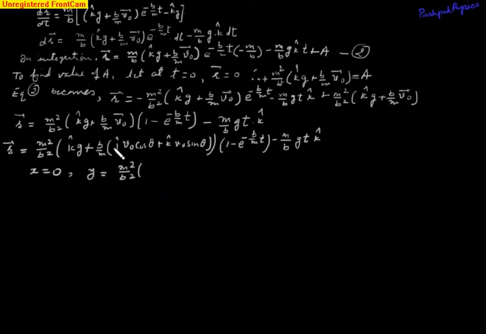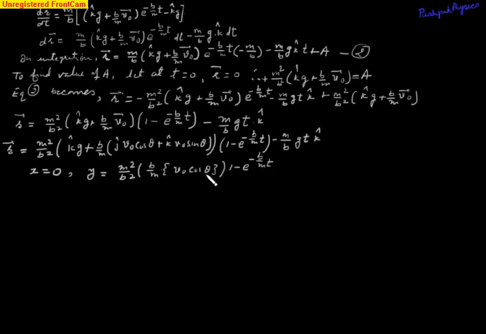From here inside we get this vector as b over m into, in bracket, v naught cos theta, so this bracket closes here, multiplied by 1 minus e to the power minus b over m into t.